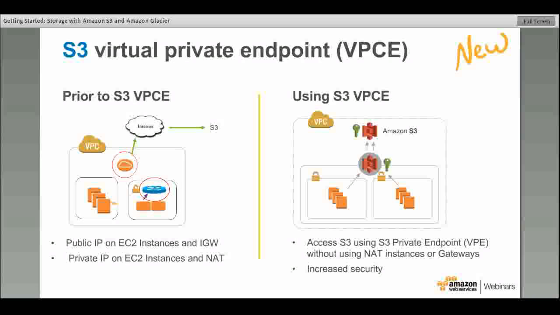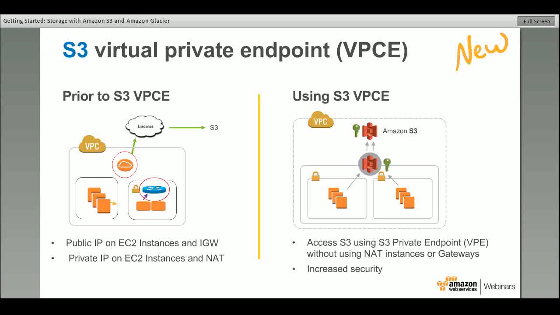So with this approach, it had the disadvantage of requiring customers to configure and manage internet gateways, which allow you to access the internet from within the EC2 network. And if you were using private IP addresses, you also had to configure, scale, and provide high availability for NAT instances that translate those IPs.